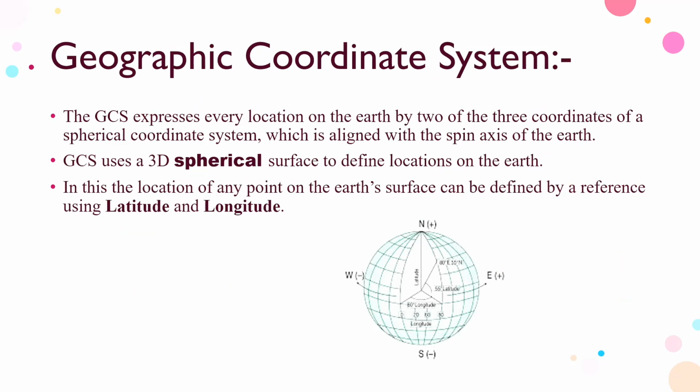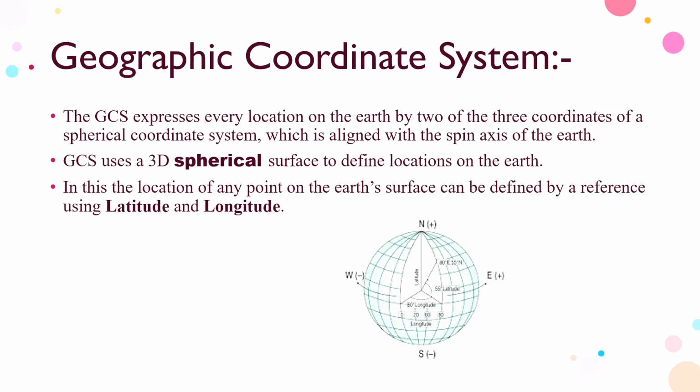Okay, now we come to the geographic coordinate system. Actually, the geographic coordinate system expresses every location on the earth by two of the three coordinates of the spherical coordinate system. Now, one question in your mind: what is a spherical coordinate system?